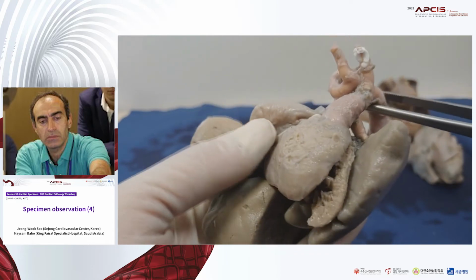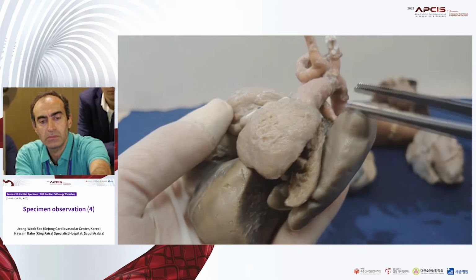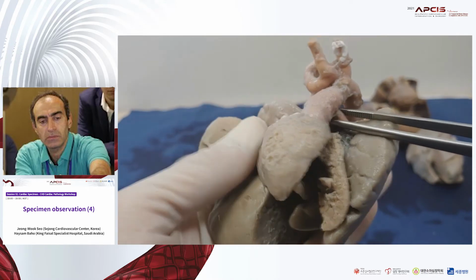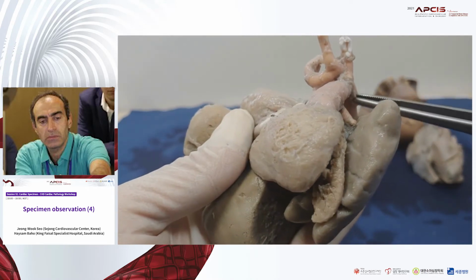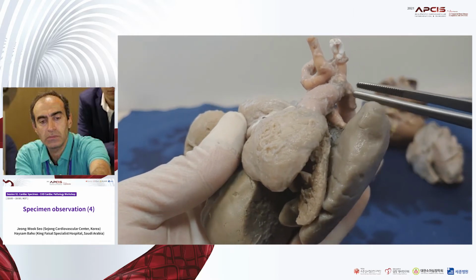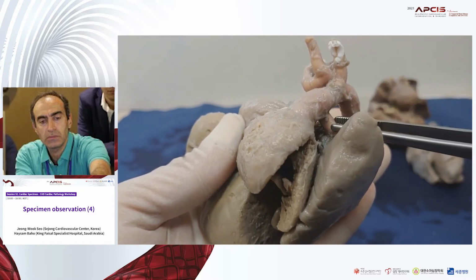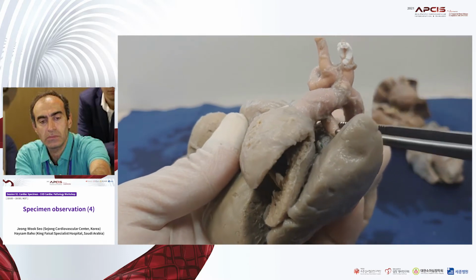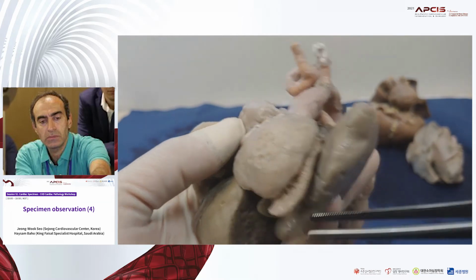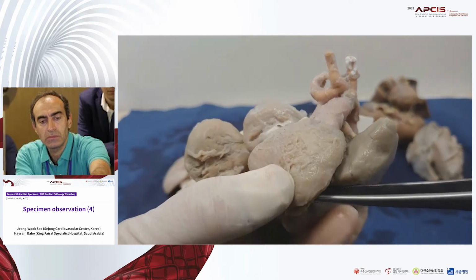Now, the systemic circulation and the pulmonary circulation are competitive in this situation, so that if there's too much pulmonary flow, the systemic circulation will be compromised, and if there is too much systemic flow, the pulmonary circulation will be compromised and suffer.